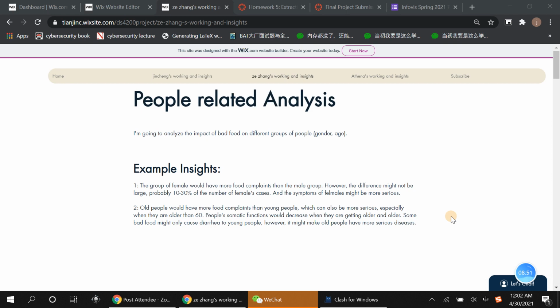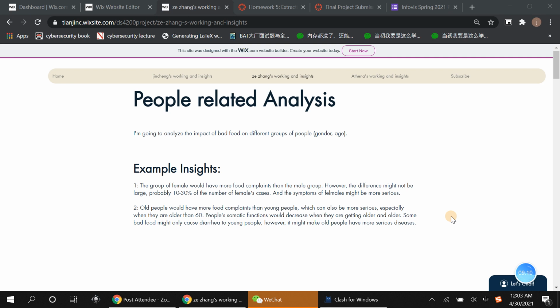The example insights: the first one is that the female group would have more food complaints than the male group. However, the difference might not be large, probably about 10 to 30% of the number of the female cases. Then the symptoms of the females might be more serious.